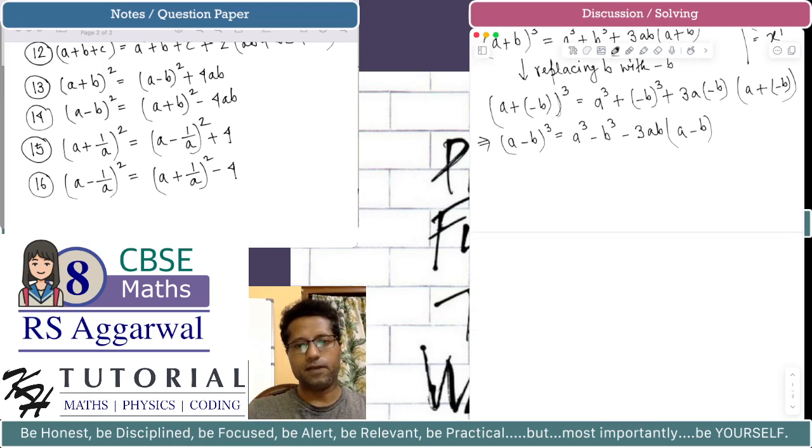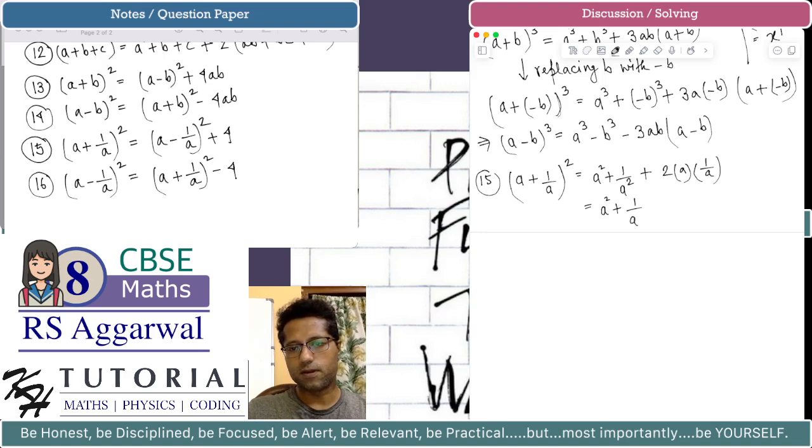So 15, a number A, its reciprocal is 1 by A. If you take the square of the sum of a number and its reciprocal, this becomes the square of the two numbers, that is A square plus 1 by A square, and plus 2 into A into 1 by A. So this is equal to A square plus 1 by A square plus 2.